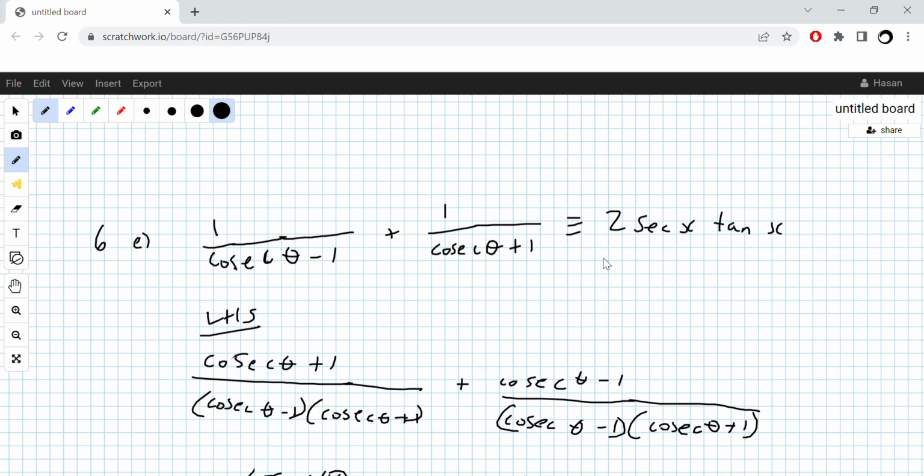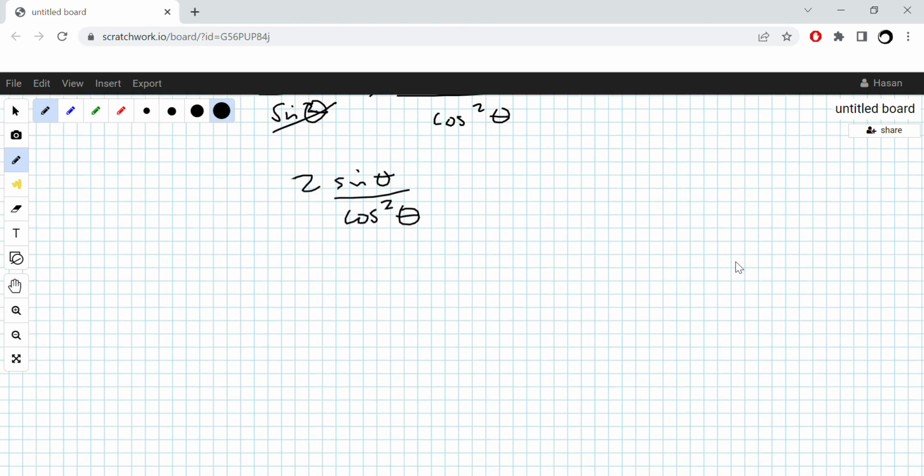Now what did they want? They wanted 2 sec x tan x. So what we can do now is recognize what these are the same as. Sec x is 1 over cos x, tan x is sin x over cos x. Can we bring out these two expressions from this? Yes, we can.